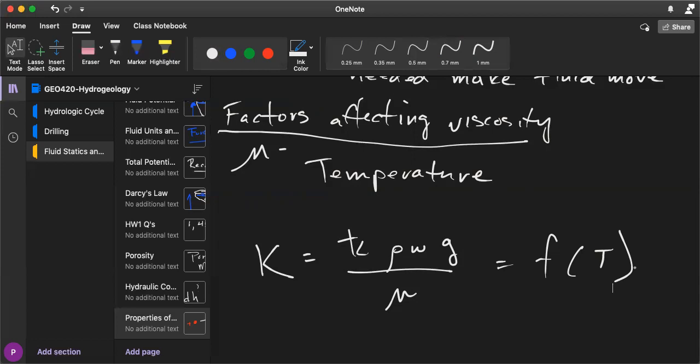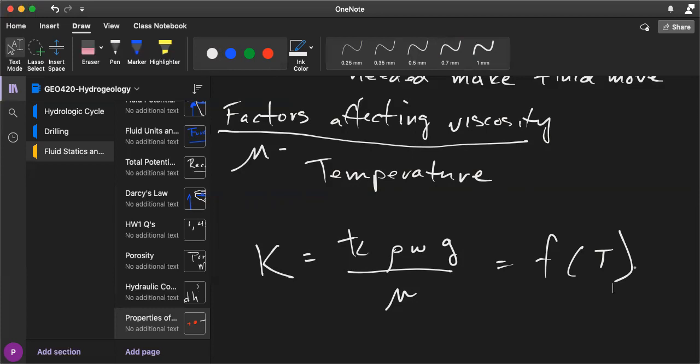Well, if that test was in Florida, the water could be 20 degrees C. Groundwater up here in Montana is about 4 degrees C. So they're different. We'll make some calculations on how different they are. You'll do it in your homework, but hydraulic conductivity is a function of temperature. We often ignore that change for other reasons, but I want you to know that it is a function of temperature.